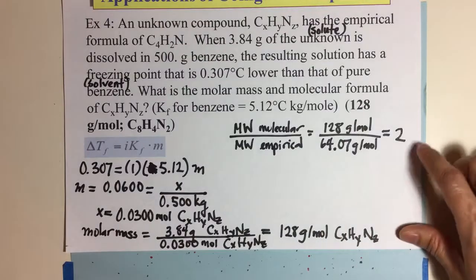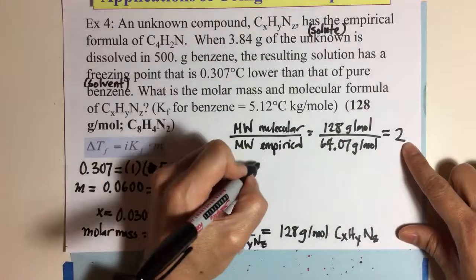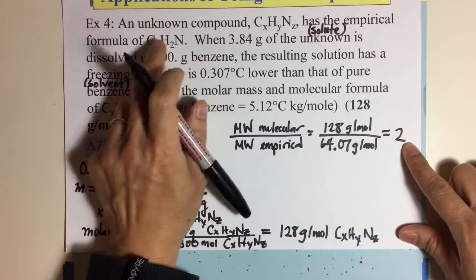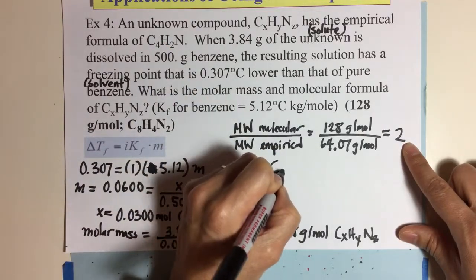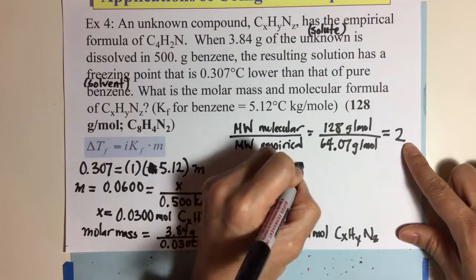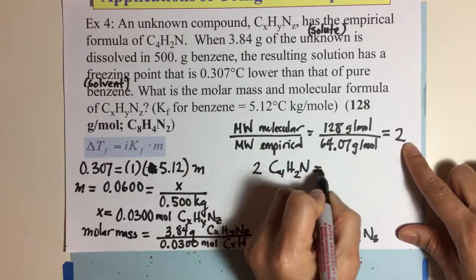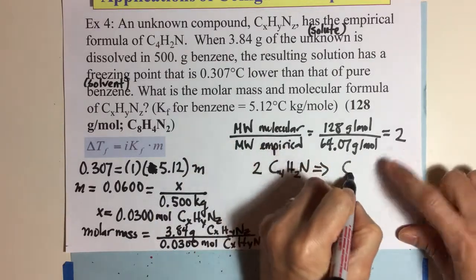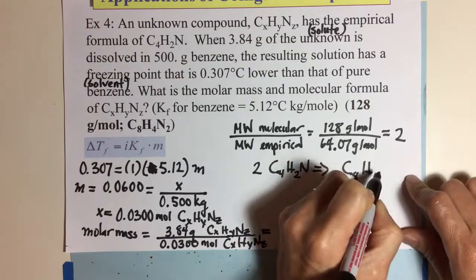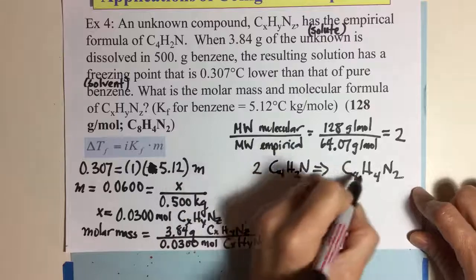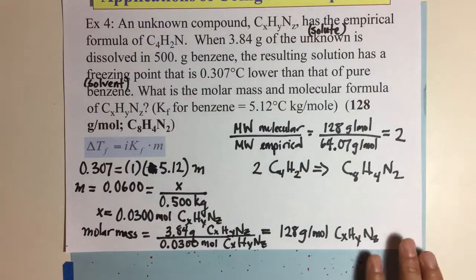So it's a multiplier of 2. So my formula is going to be twice the empirical formula. So what is twice that empirical formula? That would make it C8H4N2. Okay, that ends it.